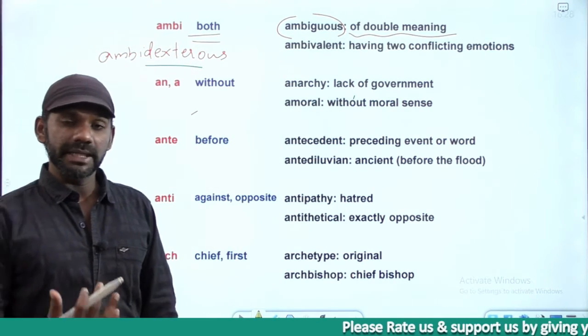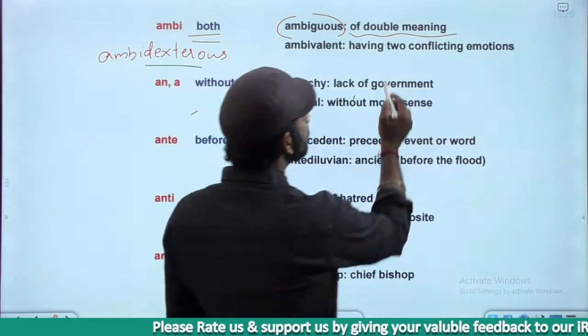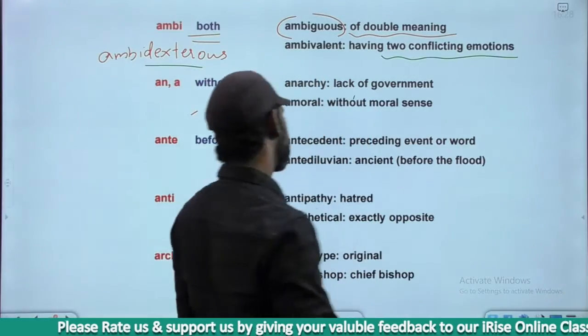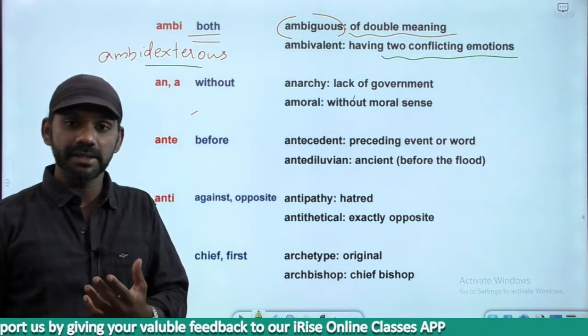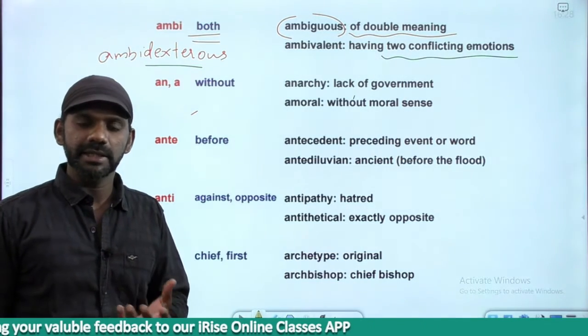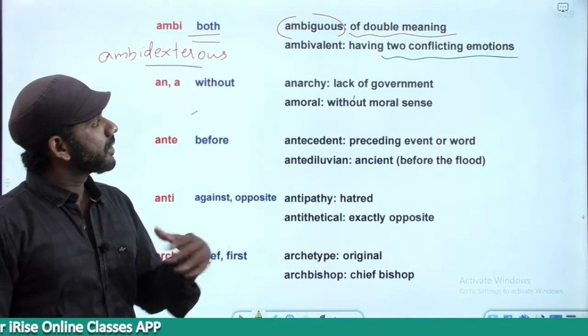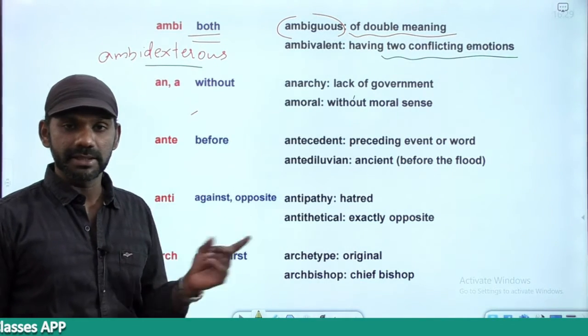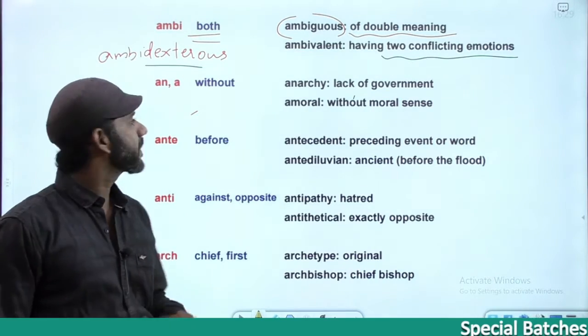Ambiguous, of double meaning, conveying two meanings. Then ambivalent is having two conflicting emotions. Possessing two conflicting emotions, like all of a sudden happiness, then immediately sadness, right? Shocking, surprising, happiness, sadness. Possessing two conflicting emotions is ambivalent. So ambi is a prefix meaning both.